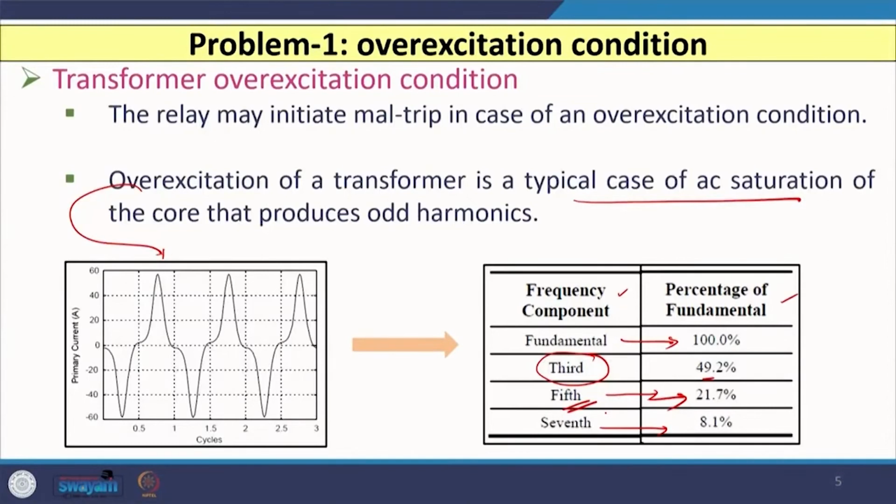So, we have to go for the fifth harmonic. Normally most manufacturers provide the over excitation blocking condition with the help of fifth harmonic content. If this content exceeds some threshold value, then the blocking command is initiated and the relay should not trip, because this is not a fault condition, but an over excited condition of the transformer.